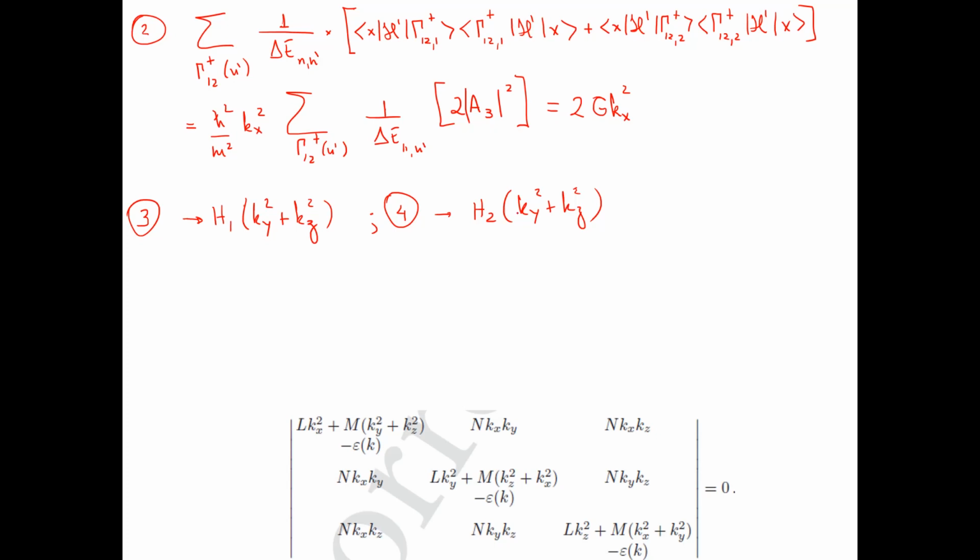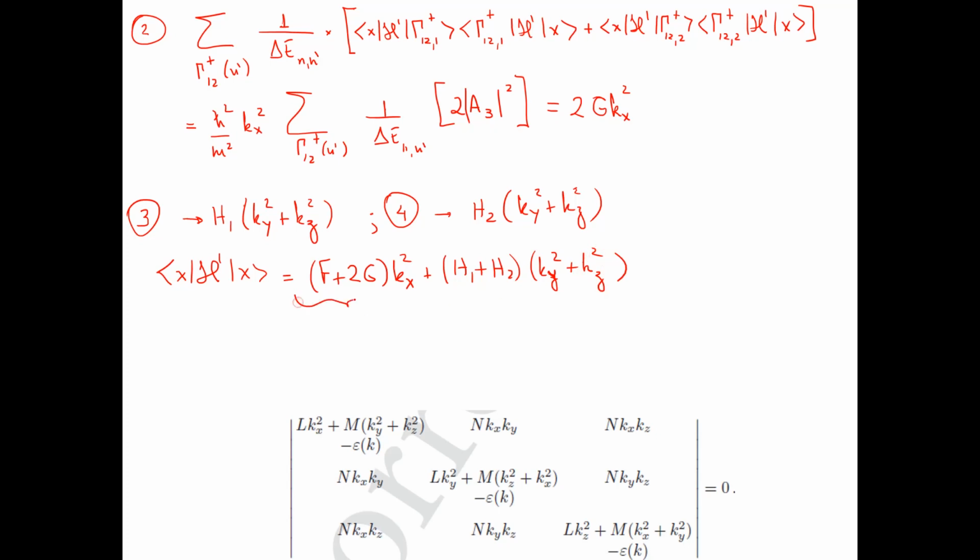So finally, if we sum over all different terms, the matrix element xx of the secular matrix is going to be f plus 2g kx square plus h1 plus h2 times ky square plus kz square.